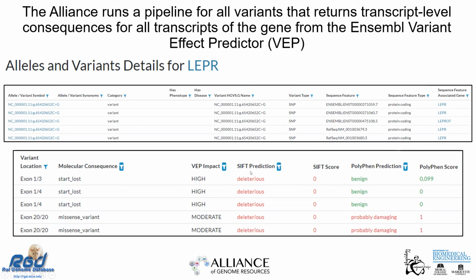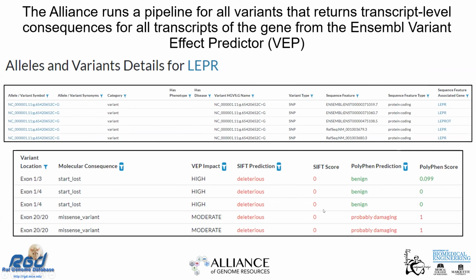And then there are predictions from both SIFT and polyphen for whether the variant is damaging to a particular gene product or not. And in this case, I have actually filtered on the SIFT prediction so that I'm only showing deleterious variants.